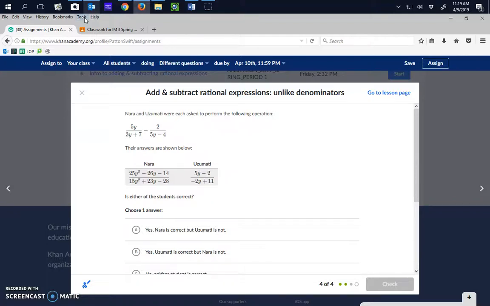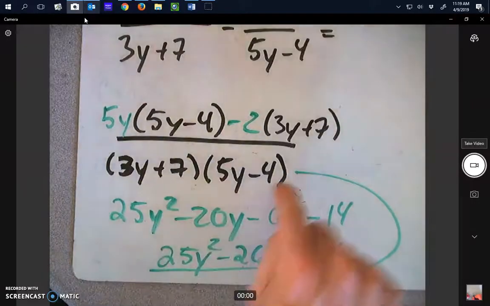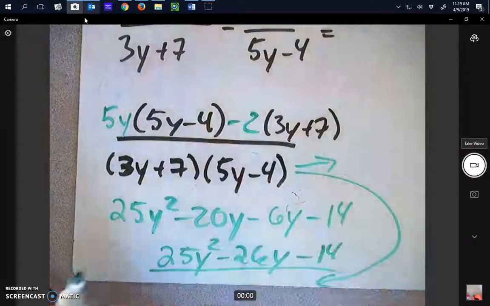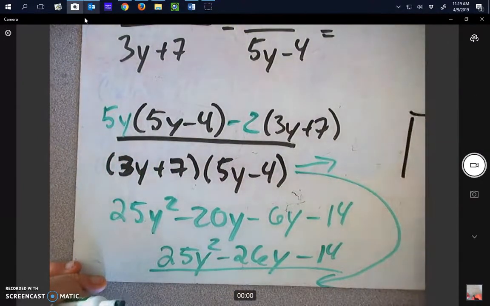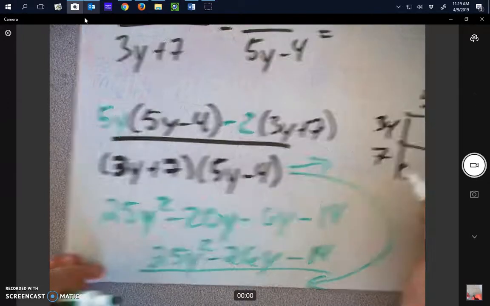Now we need to see if Nara is right. Her numerator is right. 25y squared minus 26y minus 14 is what we have. What I have not done is I have not written my denominator in standard form, which she or he has. So let's do that right now, and see if she has the same denominator that we have. So 3y times 5y gives us, let's just do the box method, right? Let's do it. 5y minus 4, 3y and 7.